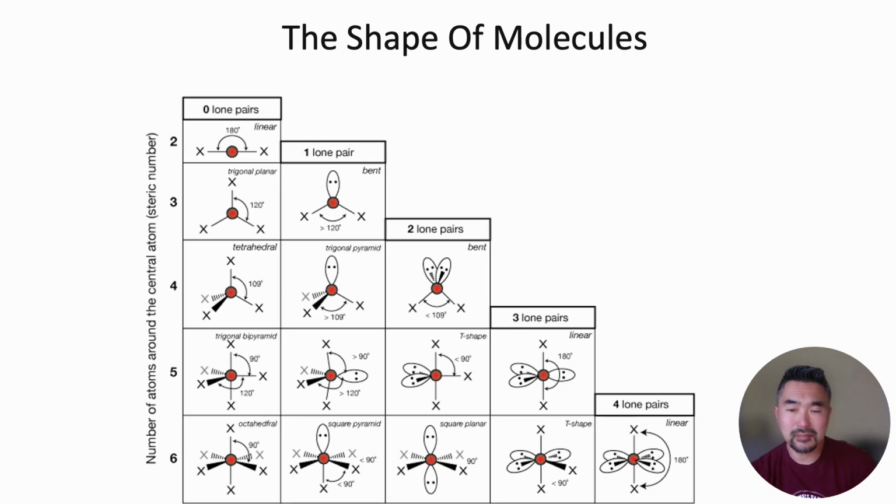Which brings us to the shape of molecules, because once you have so many bonds around an atom, they're going to have some sort of 3D shape. Remember, molecules are real things that exist in our actual 3D space, not just stuff you learn about on a piece of paper or on the screen.